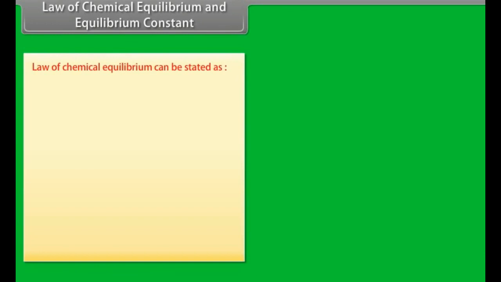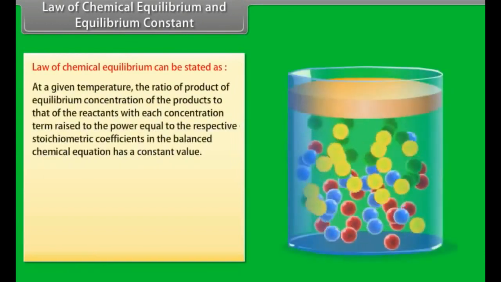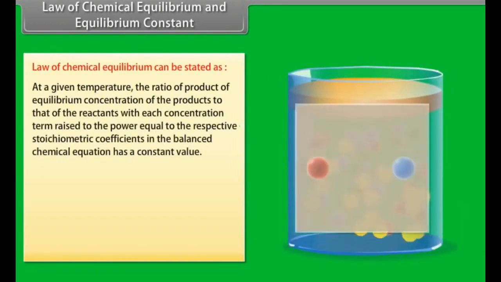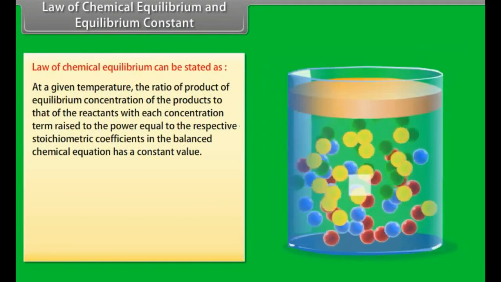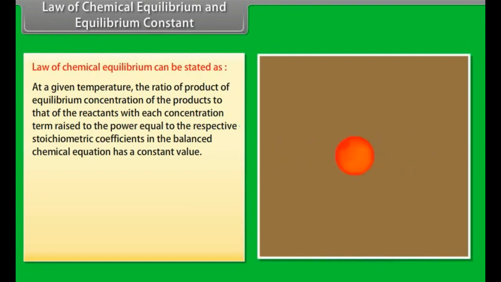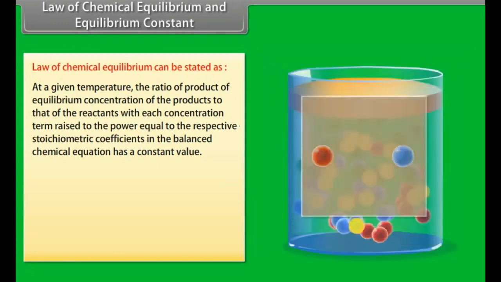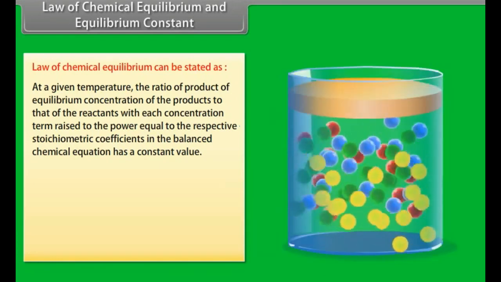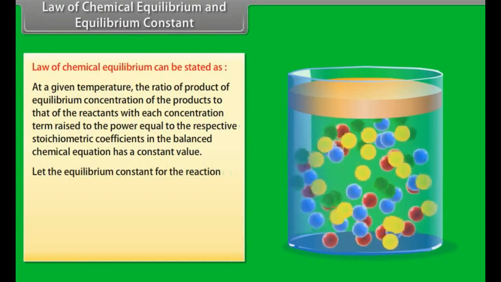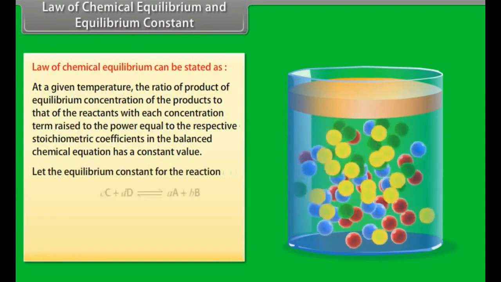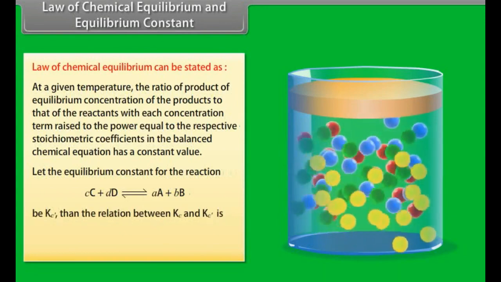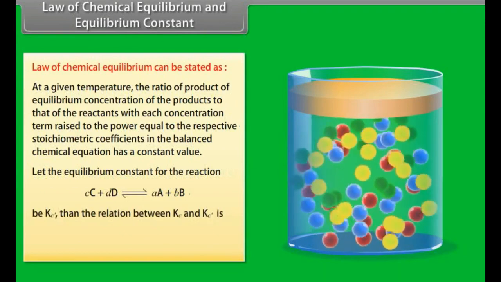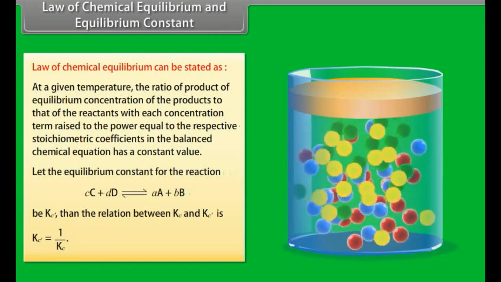The law of chemical equilibrium can be stated as: at a given temperature, the ratio of the product of equilibrium concentrations of the products to that of the reactants, with each concentration term raised to the power equal to the respective stoichiometric coefficients in the balanced chemical equation, has a constant value. Let the equilibrium constant for the reverse reaction be Kc dash. Then the relation between Kc and Kc dash is Kc dash equals 1 by Kc.